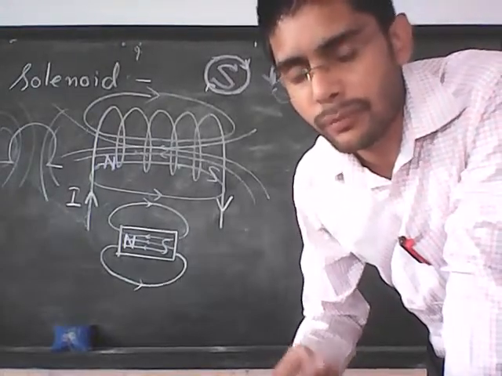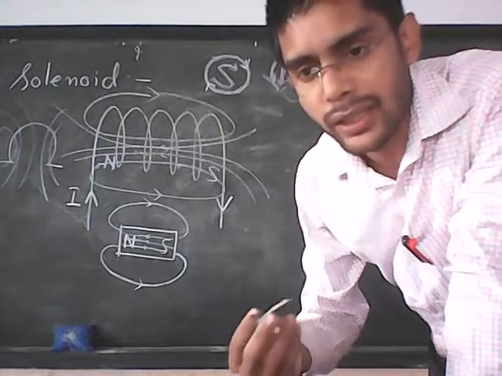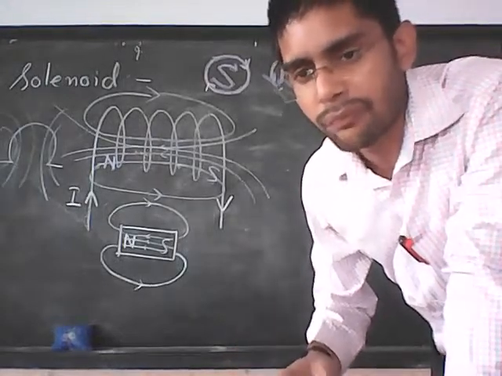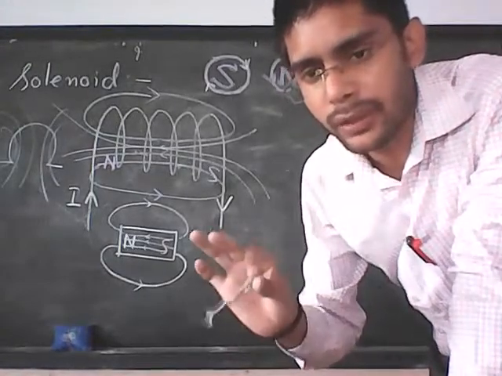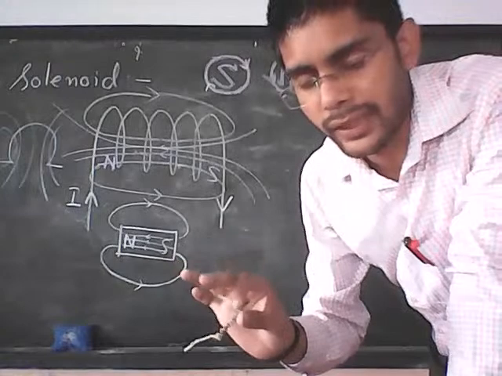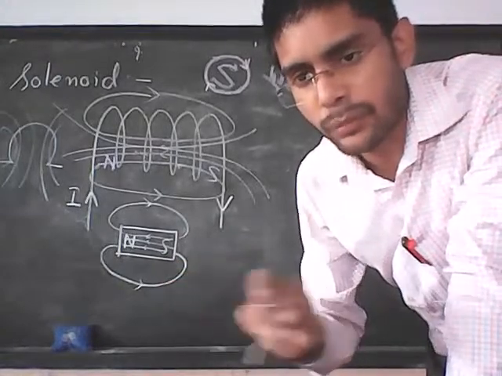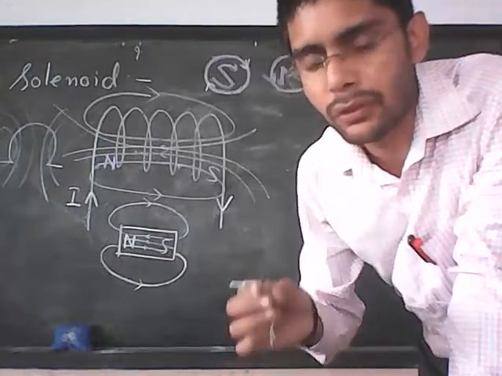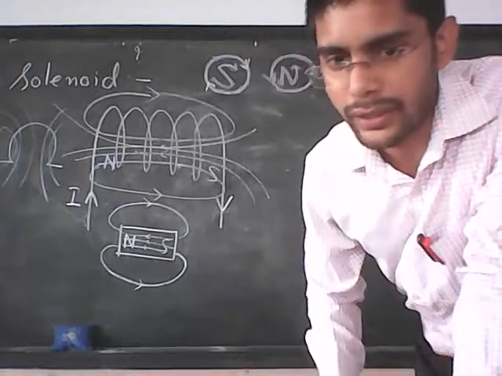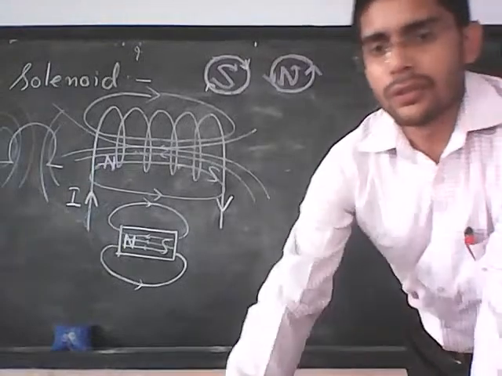It will not lose its magnetic property. But in case of a soft iron core, as soon as you remove the electricity, it becomes simple iron and will not behave as a magnet. That's why soft iron is preferred to make electromagnets.